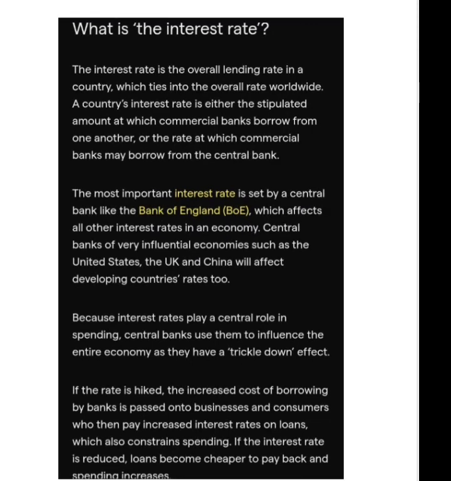If the rate is hiked, the increased cost of borrowing by banks is passed on to businesses and consumers, who then pay increased interest rates on loans, which also constrains spending. If the interest rate is reduced, loans become cheaper to pay back and spending increases.